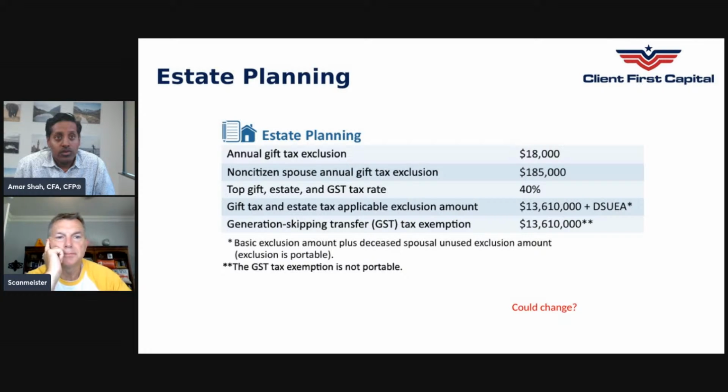And so there are two areas where this could be impacted. The portability of the exemption, so making sure that your trust documents have that. If it drops down to 6 million, and you're saying, all right, my overall estate will not go above 10 million, whatever, you still want to make sure you maximize the gift tax exemption amount for each spouse. Secondly, the annual gift tax exclusion, which is $18,000 per person per beneficiary, could be capped at $50,000.